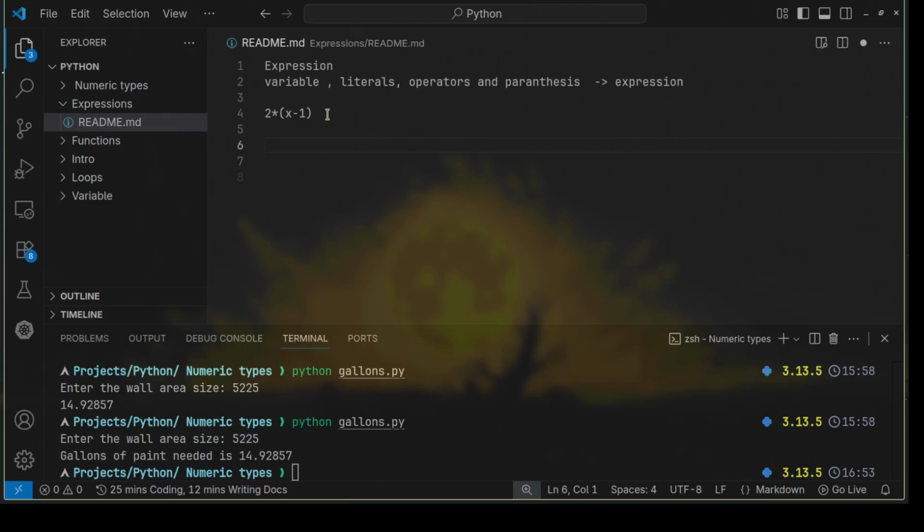For the arithmetic expression, we have a plus, which is addition. x plus y forms a sum. Then subtract, a slash used to divide, and a star for multiply.